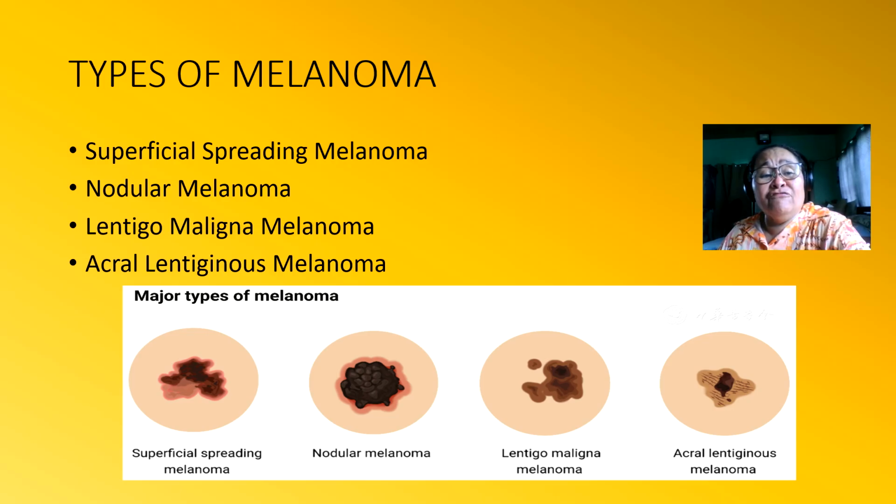So we have four types. We have the superficial spreading melanoma, the nodular melanoma, the third one, lentigo maligna melanoma, and the last one is acral lentiginous melanoma.